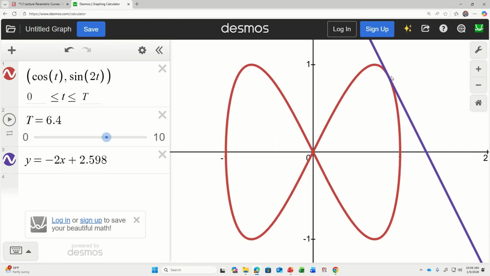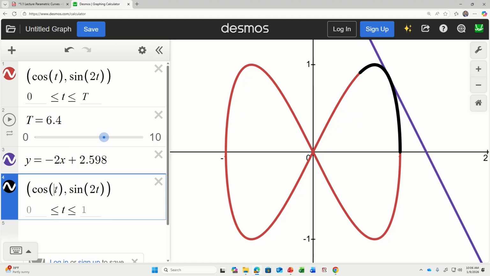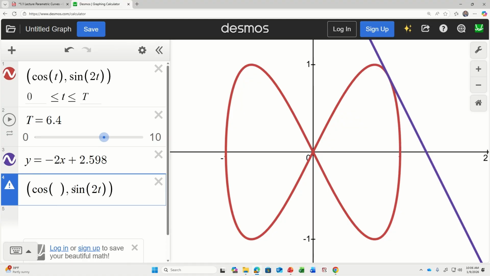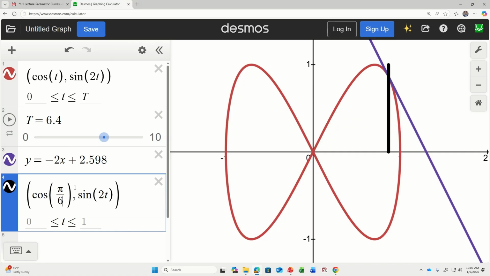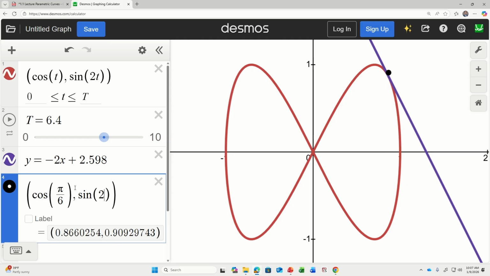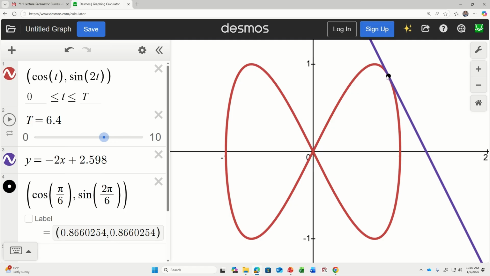And you'd say, yeah, does that look like a tangent line? Is it tangent specifically at the point where t is pi over 6? Yeah, that's the point where t is equal to pi over 6. So that does the trick.